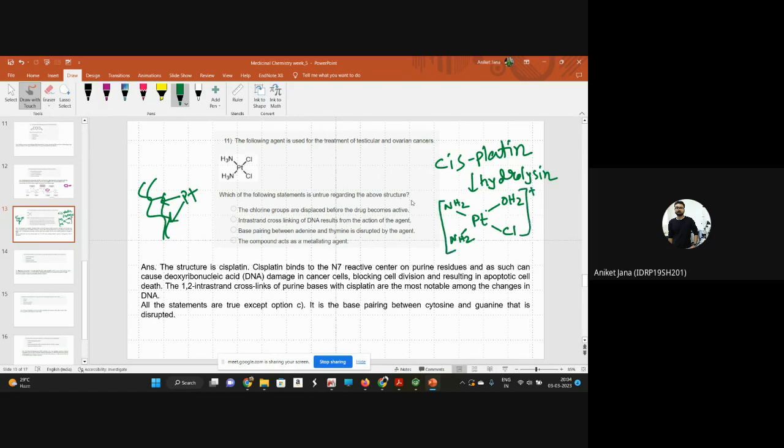So our first statement is true. For its action, displacement of the chlorine has to take place, and a water molecule comes into the place of the chlorine. So the first option is true.